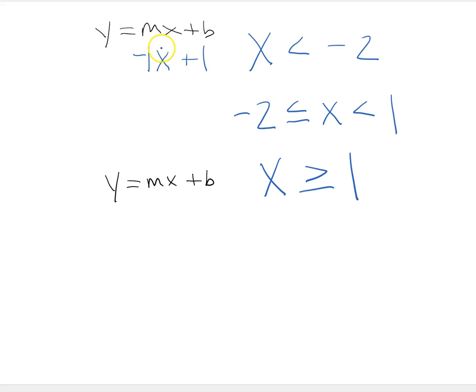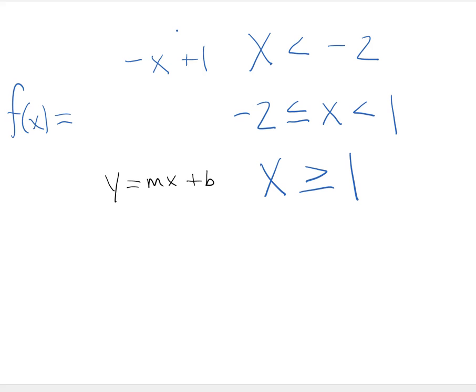We just say -x when we multiply -1 times x. So instead of writing -1x, I'm going to write -x plus 1. And I don't write y equals, you know why? Because way over here we have f of x equals, and that takes care of that. So this we handled. I'm going to get rid of my y equals mx plus b up there because we don't need it anymore. Now let's look at our third piece.